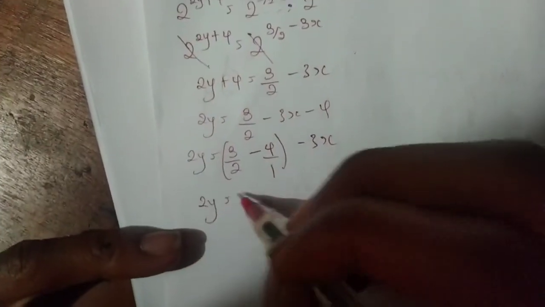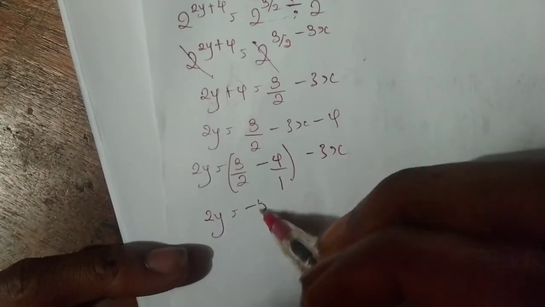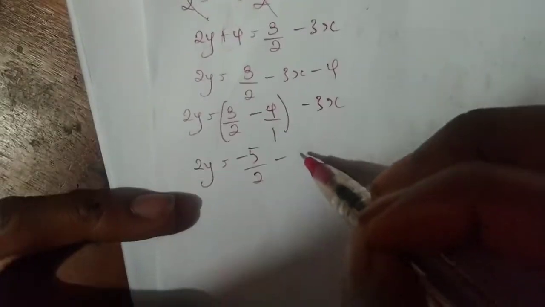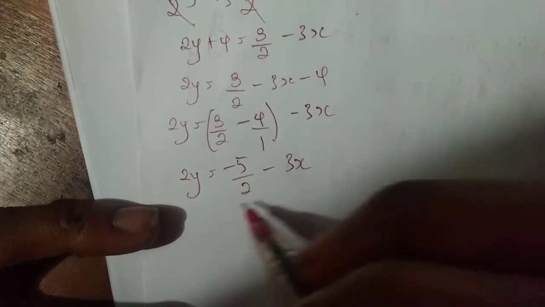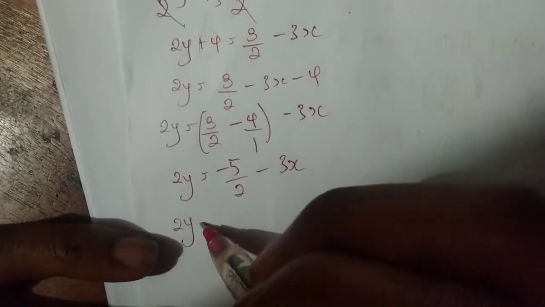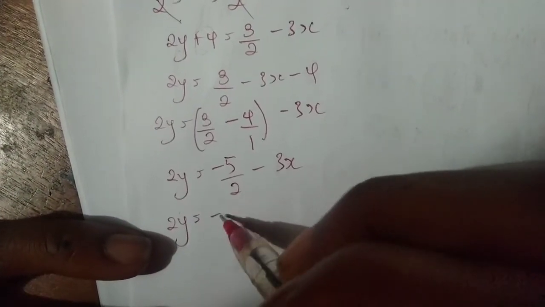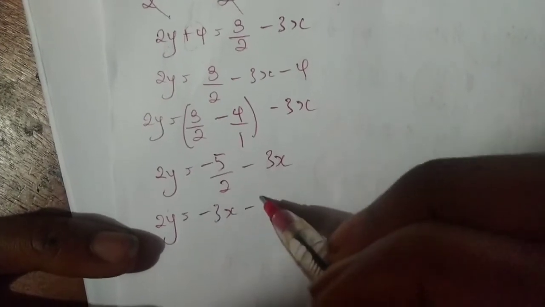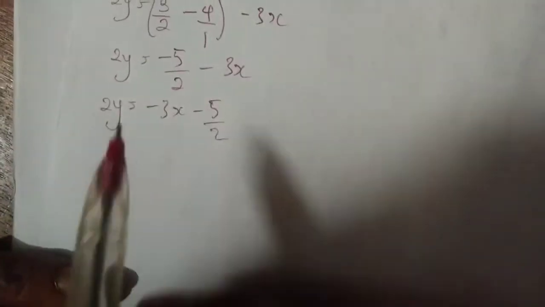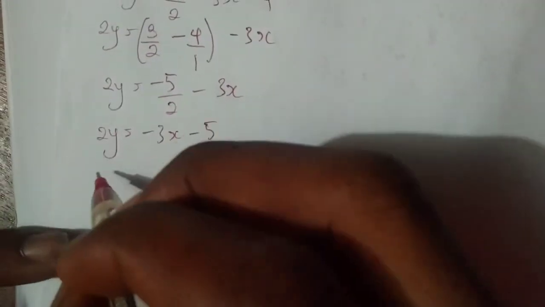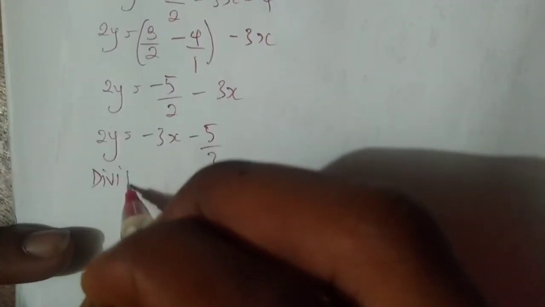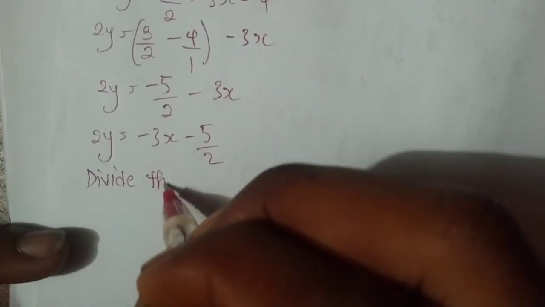So we have 2y is equal to minus 5 all over 2 minus 3x. But let me write it in this form. Let me rearrange it to be 2y is equal to minus 3x minus 5 all over 2. I can divide through by 2 to make y the subject of the formula.